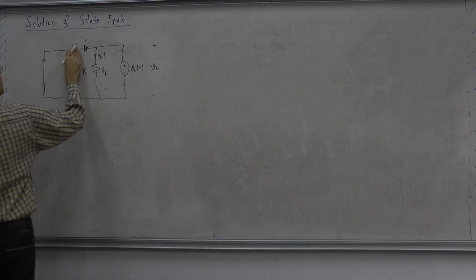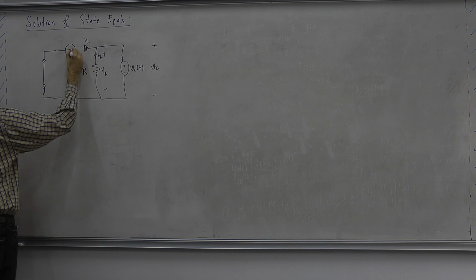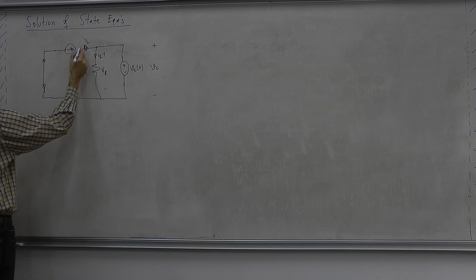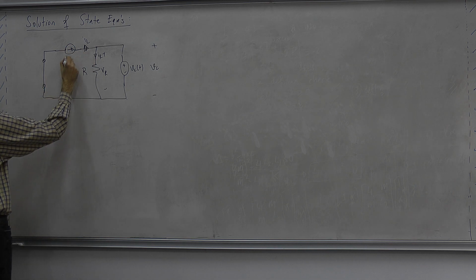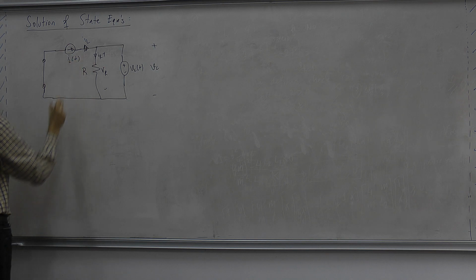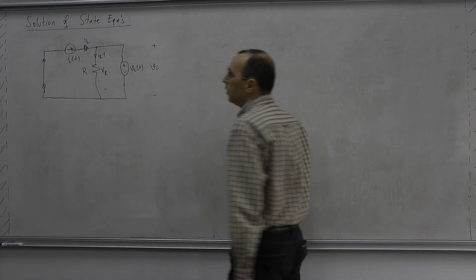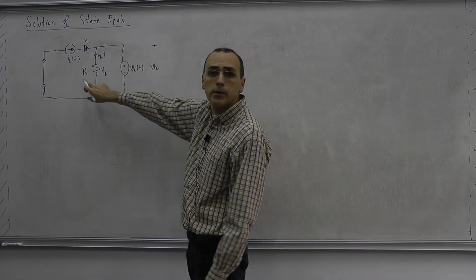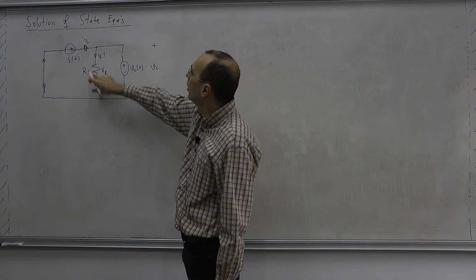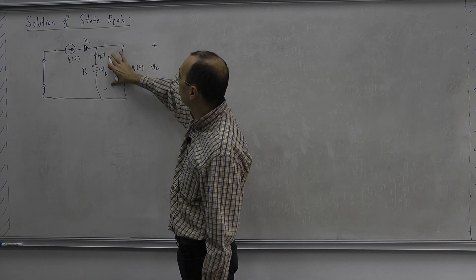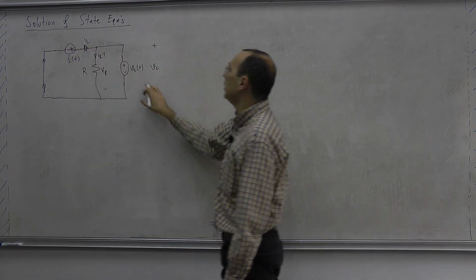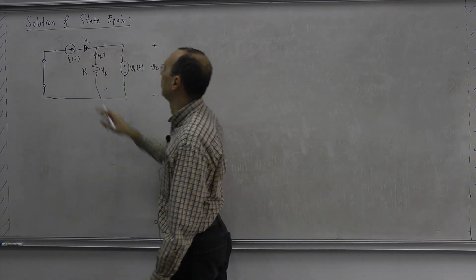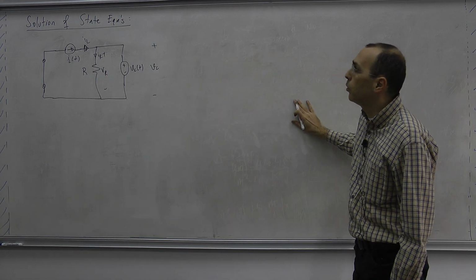And if I substitute a current source for this inductor, IL of t, okay. Now it should be clear that whatever any other branch in this circuit, its branch current or branch voltage can be represented as a linear combination of these two sources, because this is right now a memoryless circuit.